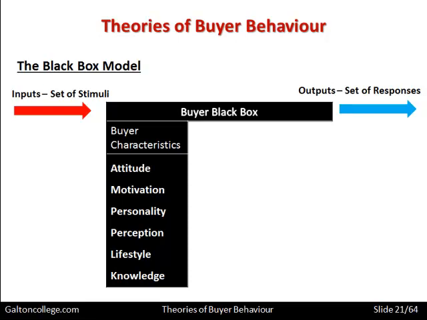We have motivation. Perhaps we're motivated to live in a certain way and we need the product, or we're not motivated. We have personality types. Some are quite dominant, leadership type personalities. Others are more compliant and easygoing.